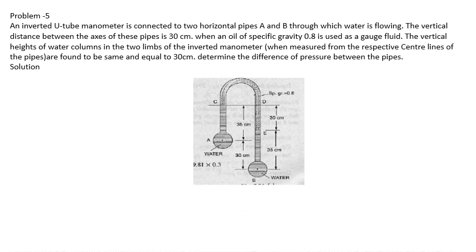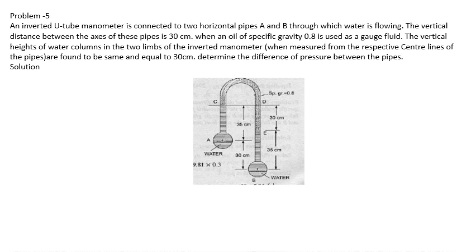So this is a diagram connected to this numerical. So there is an inverted U-tube manometer. There are two pipes, pipe A as well as pipe B, and through these pipes the water is flowing. That means the same fluid is flowing through pipe A as well as pipe B. The vertical distance between the axes of these pipes is 30 centimeter.